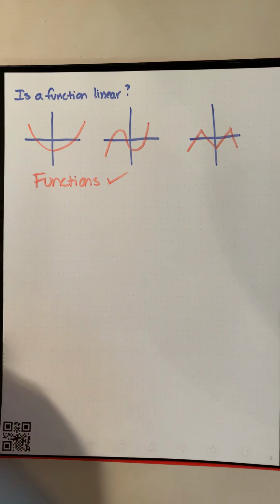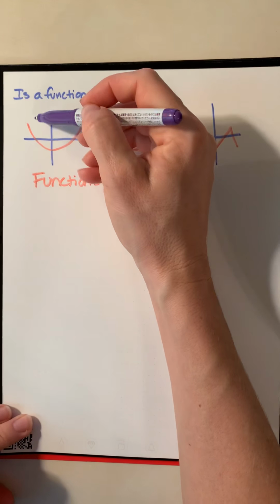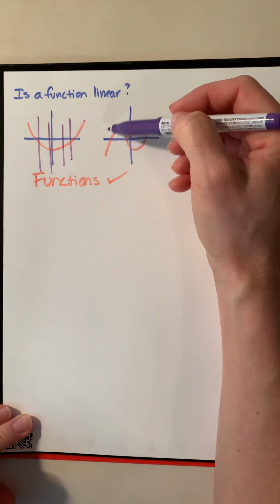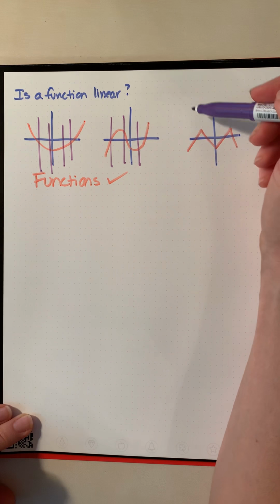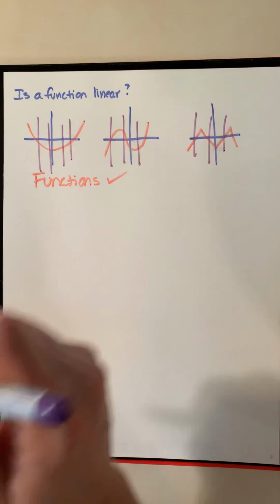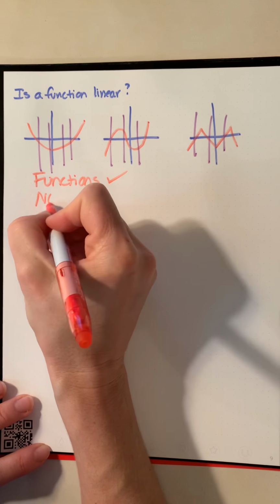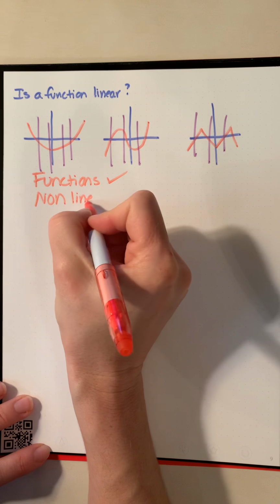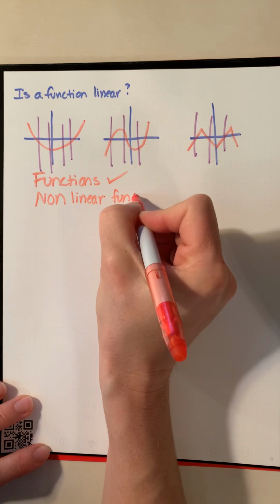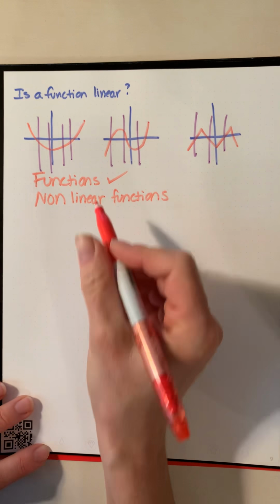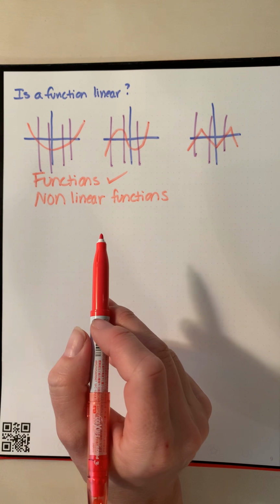They check off as functions. And again, I can test that by running the vertical line test. These purple lines will not pass through these red graphs more than once. However, these are also non-linear functions. And obviously that's because none of them form a line.